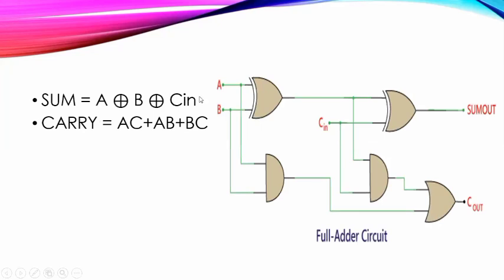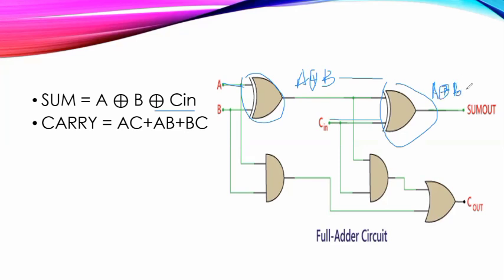So A XOR B XOR C is nothing but, for A and B, if we draw one XOR gate, it will be formed in the form of A XOR B. Then to that, we have to add XOR C also, right? So when we give this as input and C as a separate input using the XOR gate, we will be getting A XOR B XOR C, right?